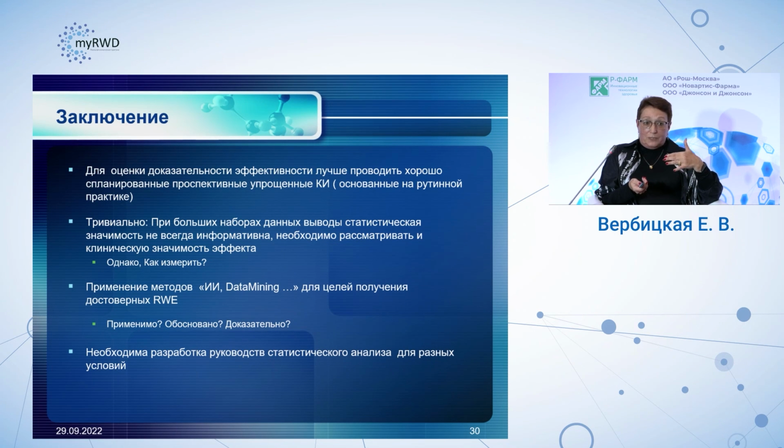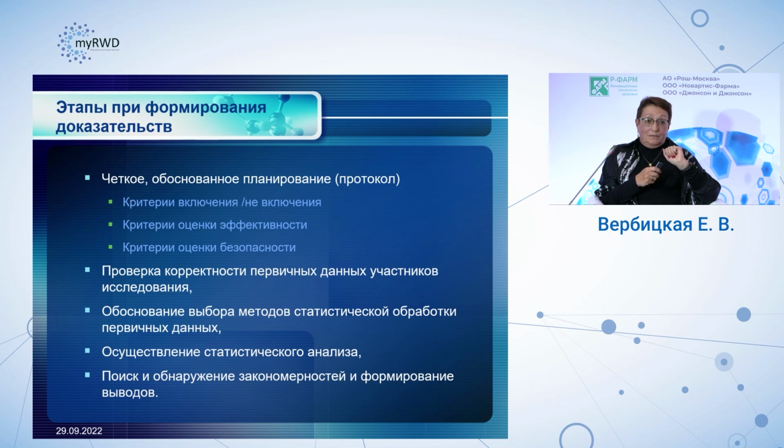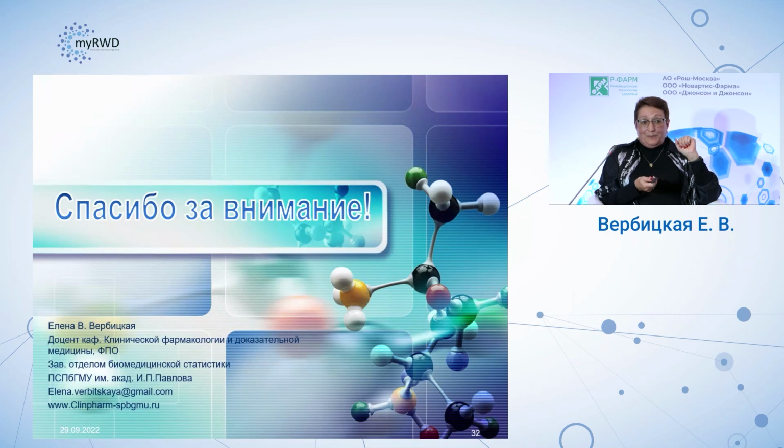It is important, otherwise we won't be able to go further. We have no recommendations for making a statistical analysis, and that may hinder our future work. So planning, planning, and planning.